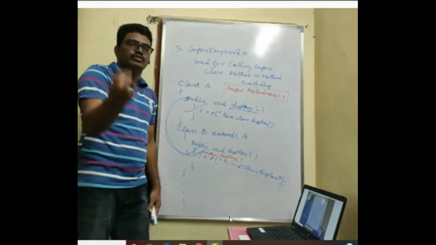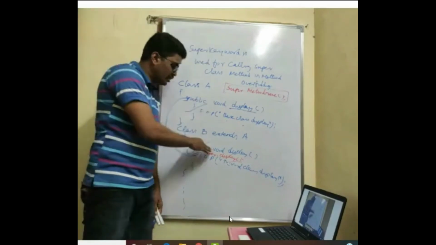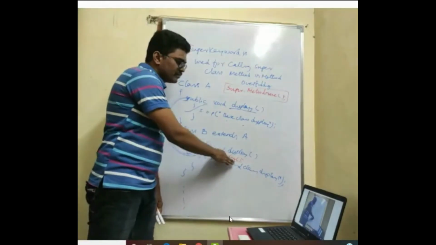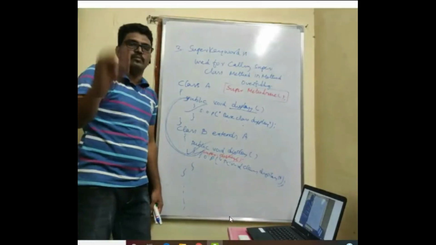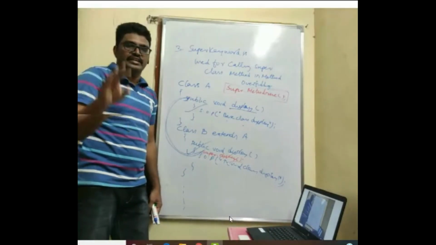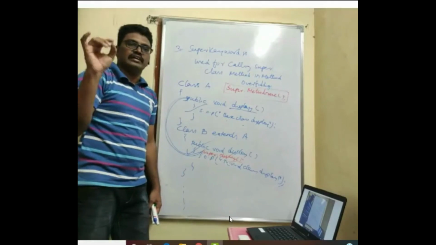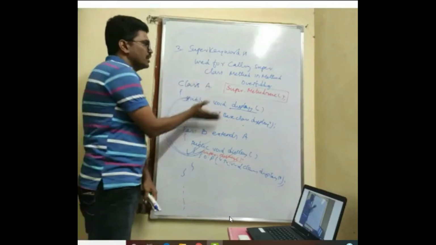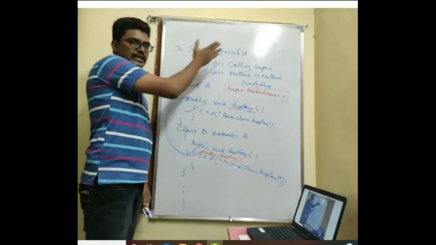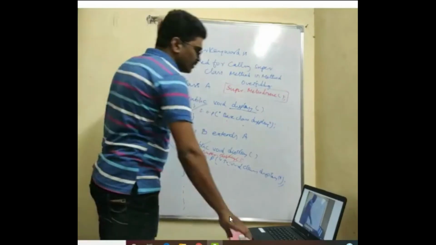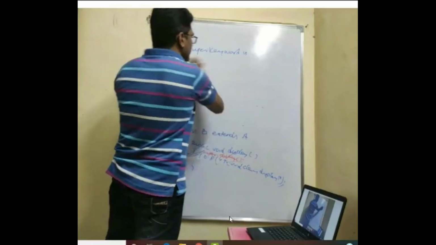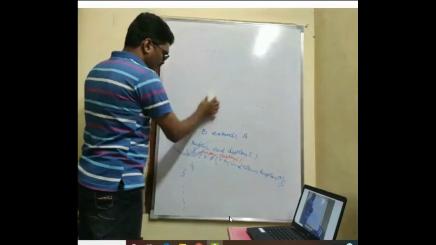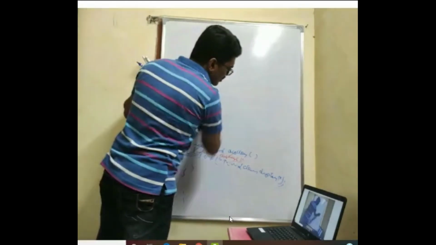You want to execute the base class method, we are going to use super dot that particular name. So the main thing is super will refer to the superclass members, either it is data or method or constructor, it always refers to the parent class or superclass. Is that right? So that is the concept of super keyword. Any doubt in this?